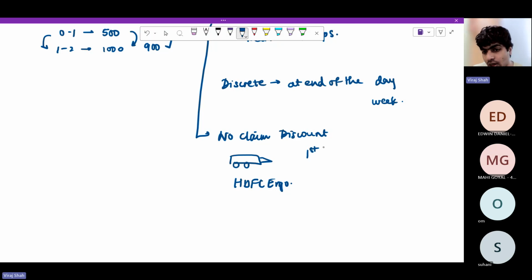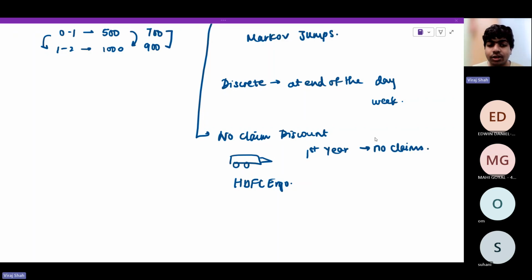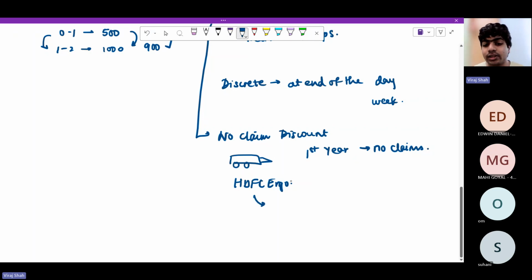In the first year, I did not make any claims. Since I did not make any claim, all the premium amount was income for the company, correct? For HDFC, it was income. So what does HDFC do? HDFC will say, in the second year, I will give you a 10% discount on my premium.